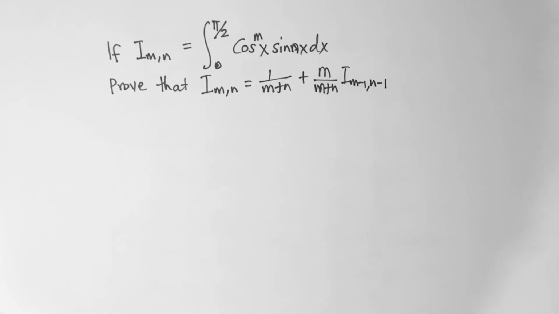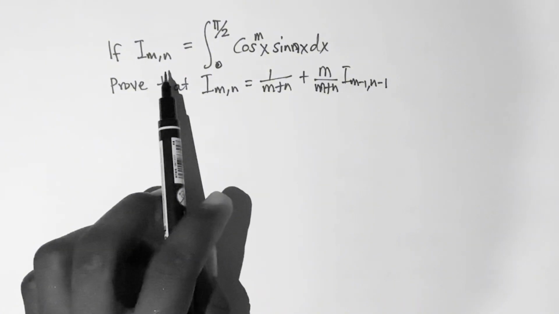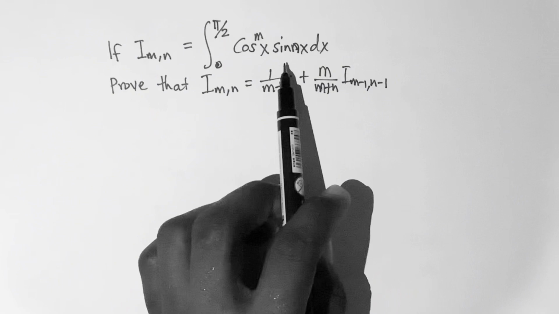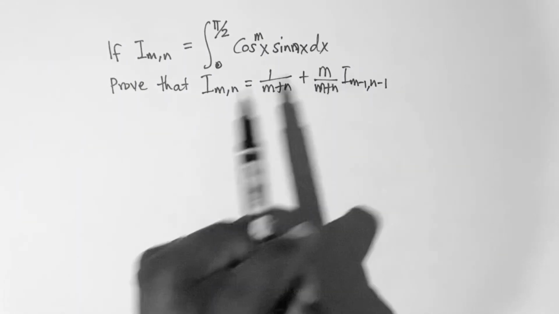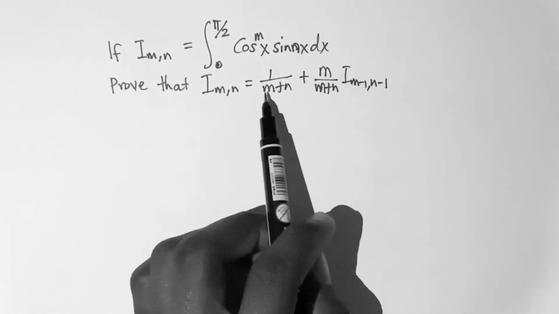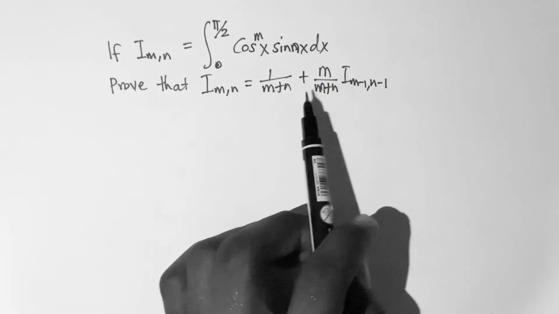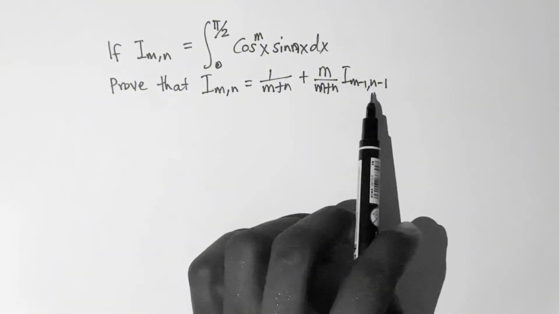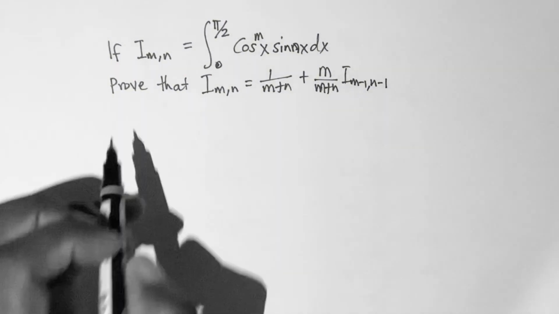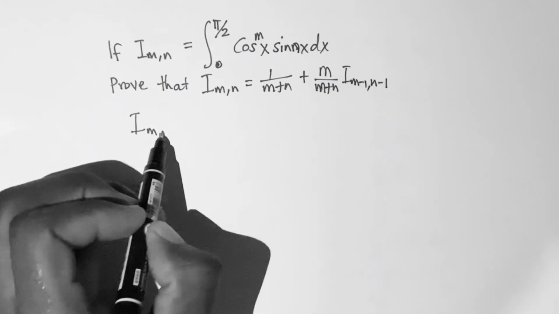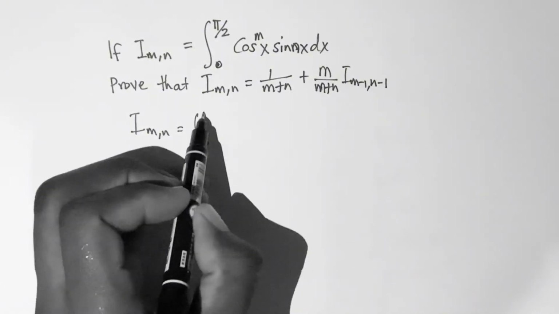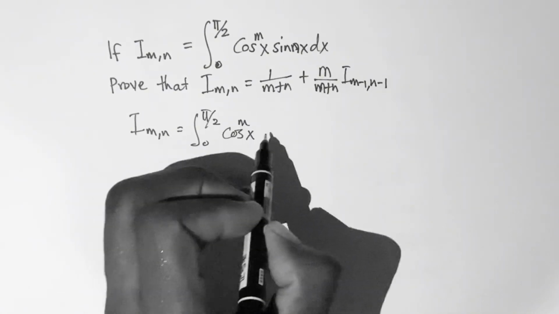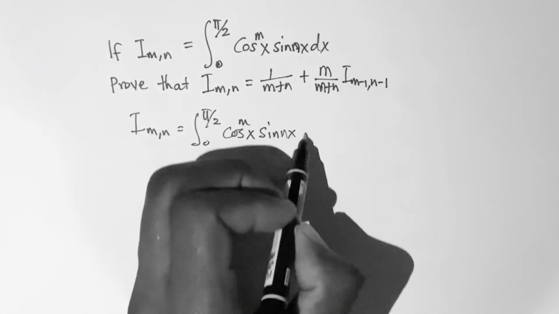So we have this other question here, which is if I of mn is equal to integral 0 to pi over 2 cos x exponent m sine nx dx, we should prove that I of mn is equal to 1 divided by m plus n, plus m divided by m plus n, I of m minus 1, n minus 1. So I of mn is equal to integral 0 to pi over 2 cos x exponent m, then sine nx dx.